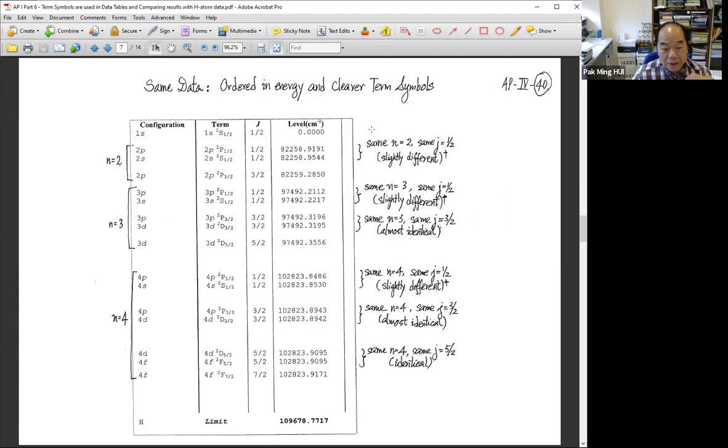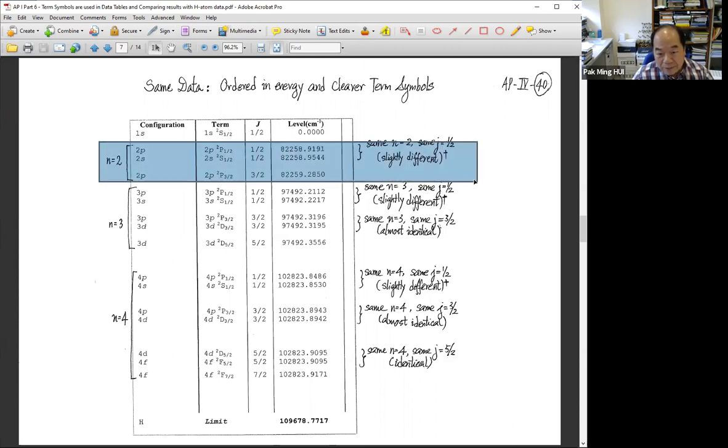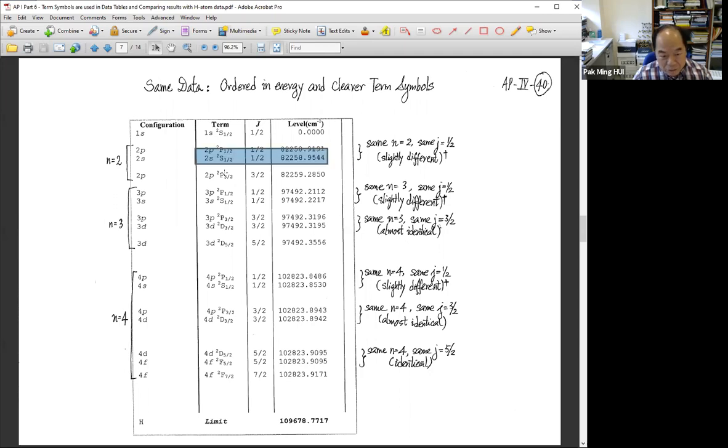So let us look at that, okay? So you see, I focus on this thing. Slightly different, but not much, okay? So I put this closer to each other so that you can compare. But we do expect this to be different from that, from our fine structure calculation.